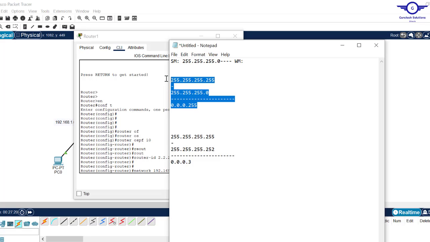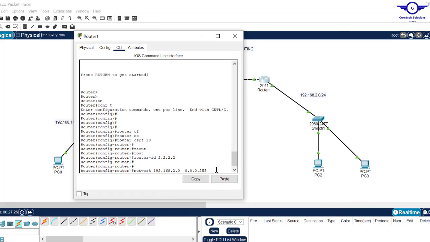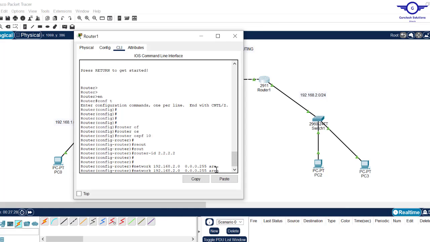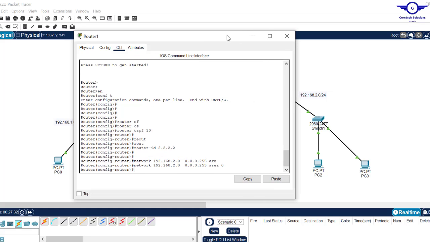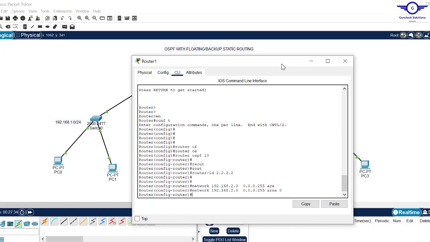So just minus it from the full subnet mask. And then you give it an area 0. Make sure that you always give them area 0 as per now.